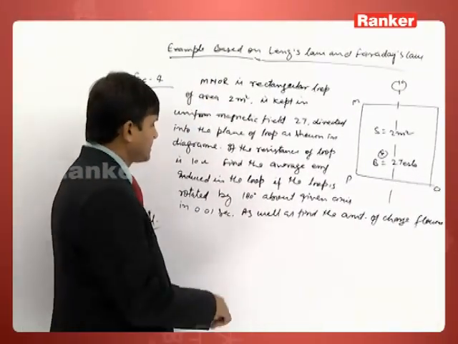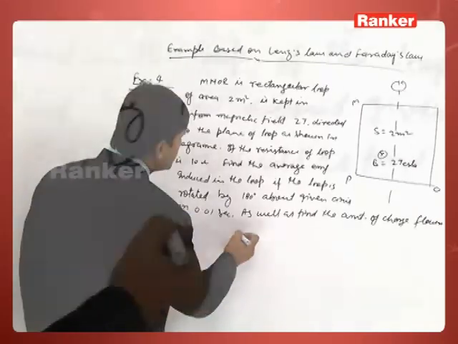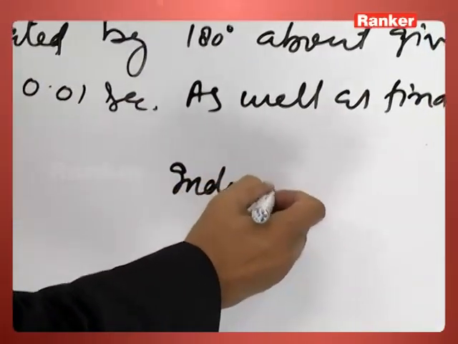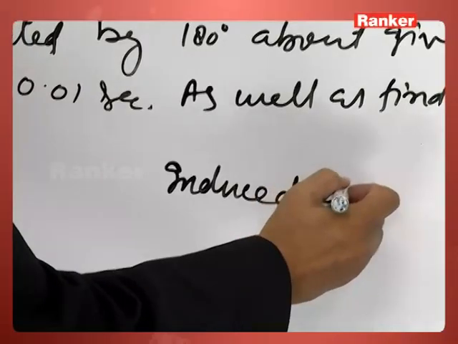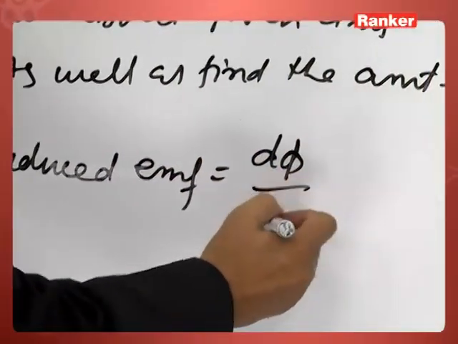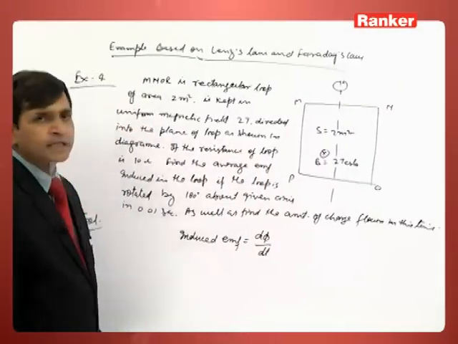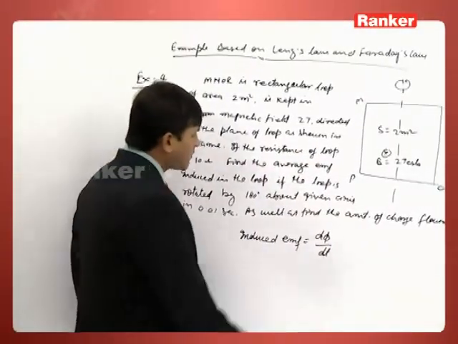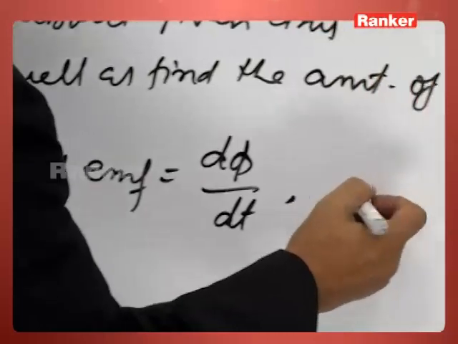So first, as we know, induced EMF is d phi by dt, the rate of change of flux, or we can say average induced EMF.